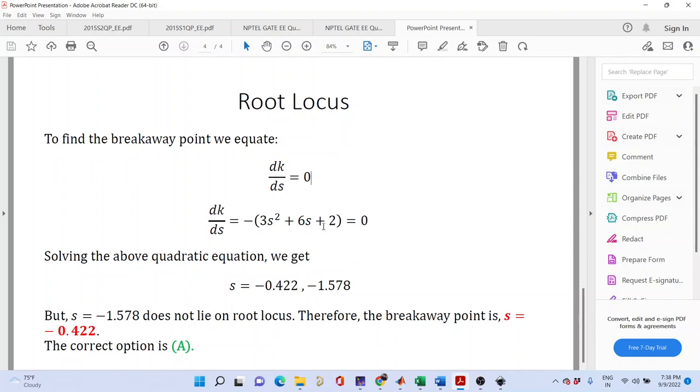After that, you get the quadratic equation. You get two roots, of which one of them would not be lying on the root locus. So this would be the correct option. The option is A that you have already told me. There's not much to the question, but these are the things that you have to know, where from these conditions are coming.